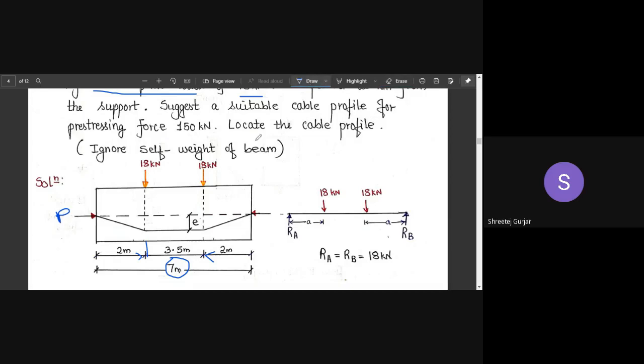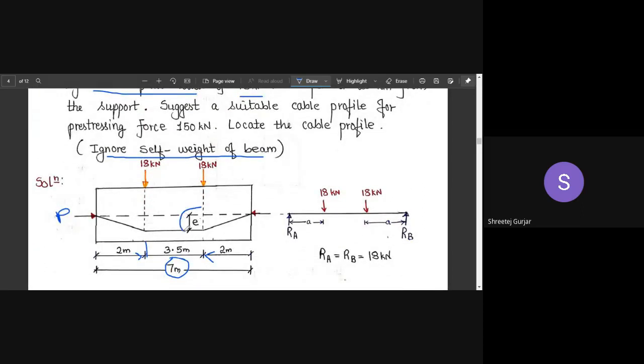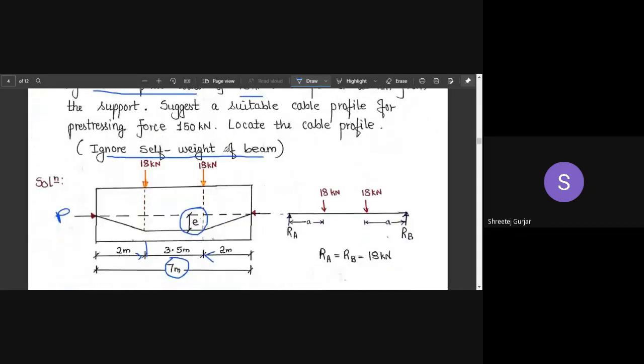Next, we need to calculate the resultant stresses at your midspan. One thing they have told us is to ignore the self weight of the beam. The eccentricity has not been given anywhere, so we need to calculate this eccentricity first and then proceed with the problem.